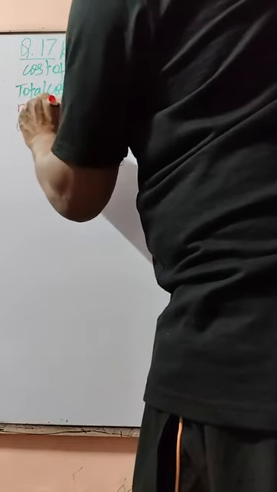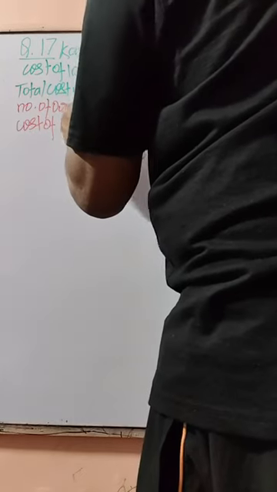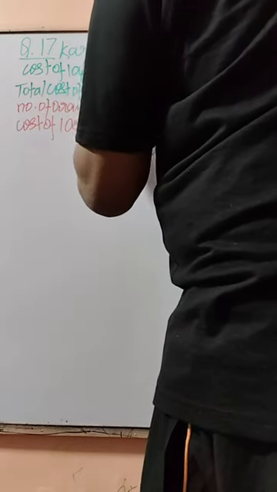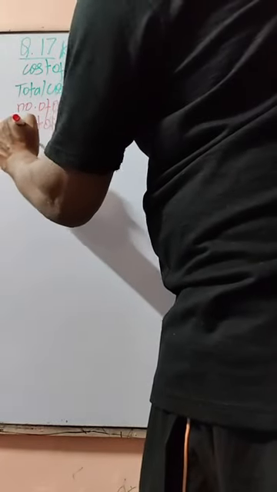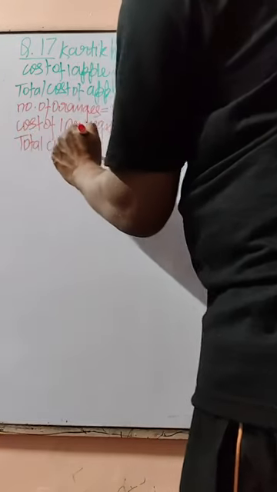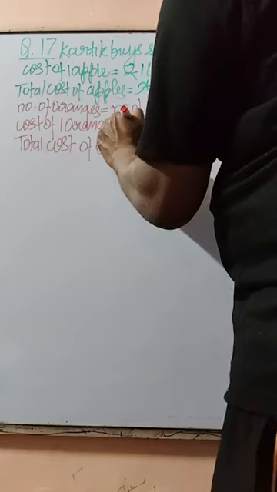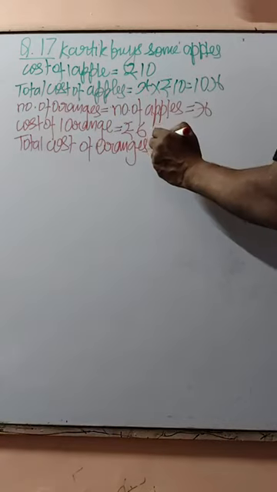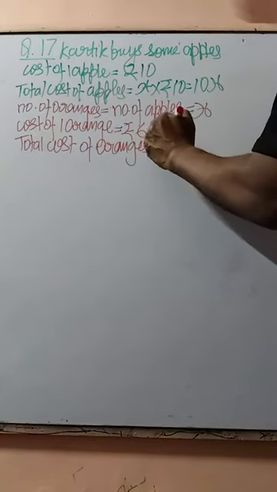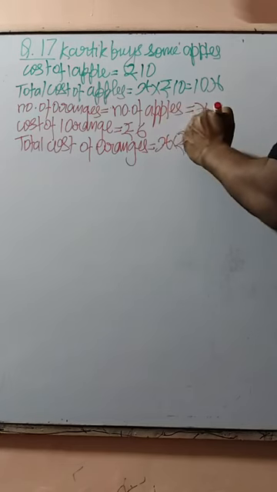The cost of one orange is how much? 6 per orange. Rupees 6. So the total cost of oranges is x into rupees 6, which becomes 6x.